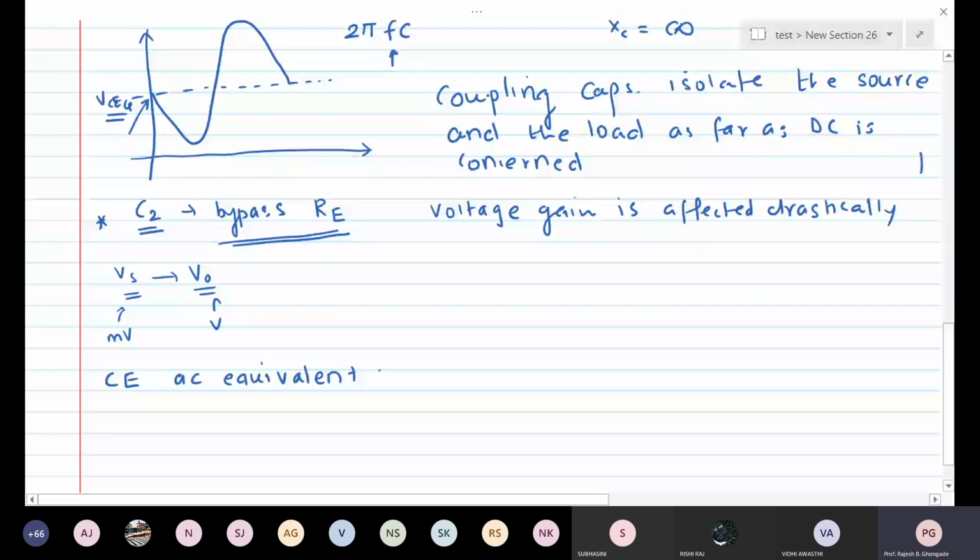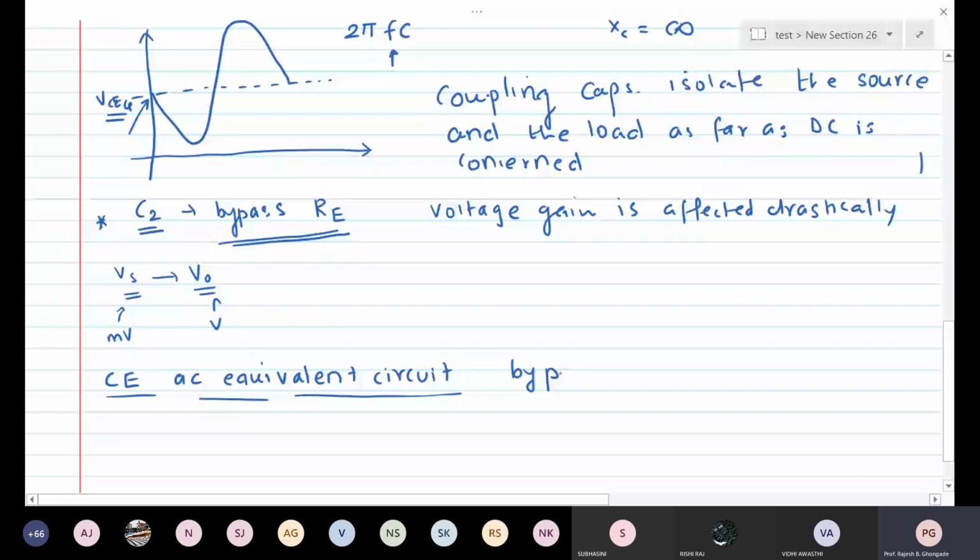So how does the AC signal see this circuit? That is simply what we are going to see. So we have two variants now, one with bypassed RE and one with unbypassed RE. First of all, we will see the bypassed RE case.